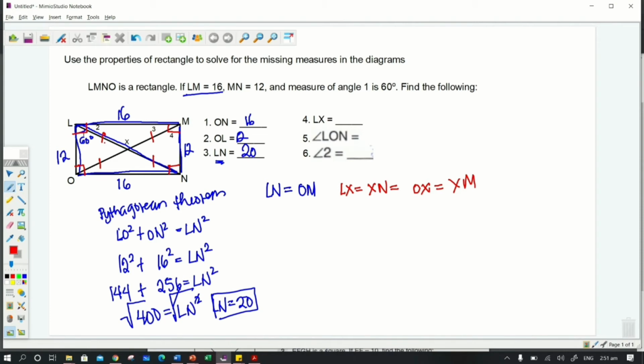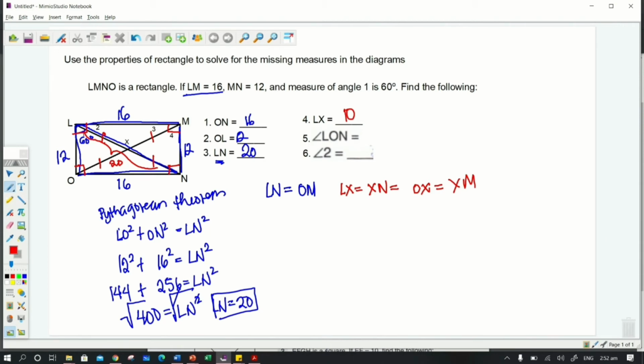Now, going back to our figure, kung si LN ay 20, ilan ngayon si LX? Very good. The answer here is 10. Okay? So, kung 10 si LX, ibig sabihin, ang sukat ni XN ay 10, ang sukat ni OX ay 10, and ang sukat ni XM ay 10.